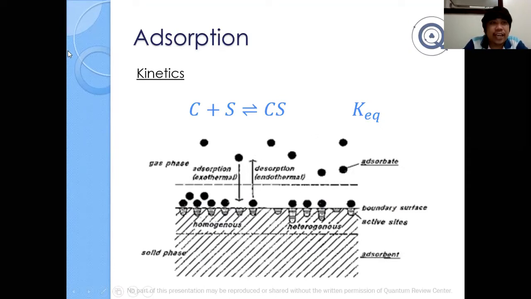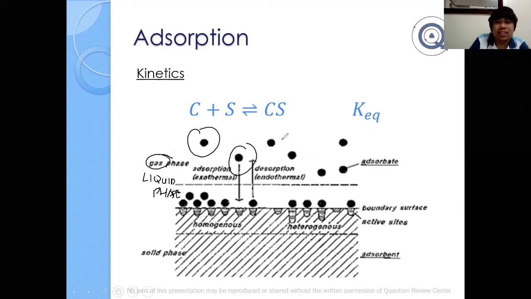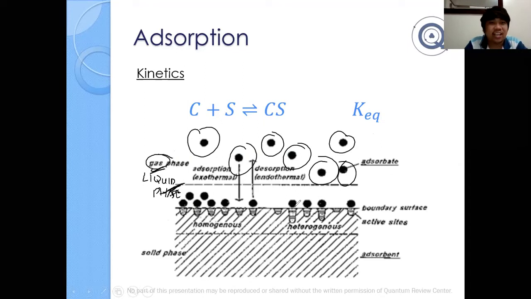By the way, your carrier can either be gas phase or liquid phase. Yung nagdadala ng adsorbate, these are the adsorbate particles, pwede siyang dalhin ng gas phase or a liquid phase. Of course, your adsorbent should be solid. Dapat lang na solid siya. Alright. Now, again, emphasize ko lang na it is an equilibrium process.